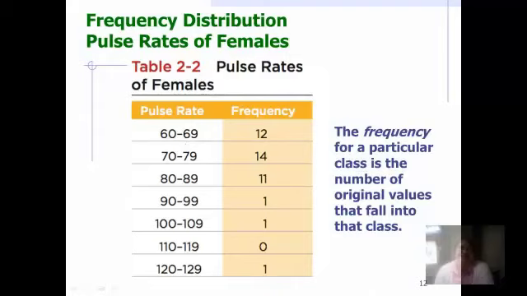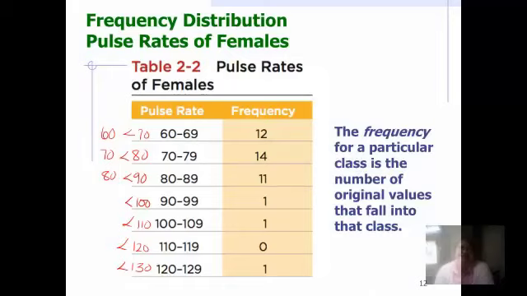Now, I will tell you that sometimes we use symbols as shortcuts. So we go 60 to less than 70, 70 to less than 80, 80 to less than 90, and less than 100, and less than 110, and less than 120, and less than 130.